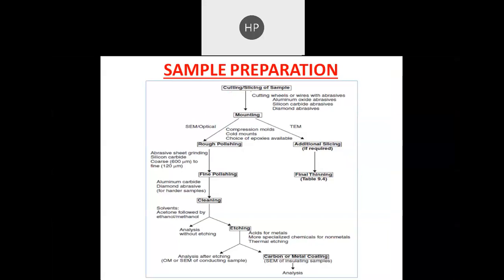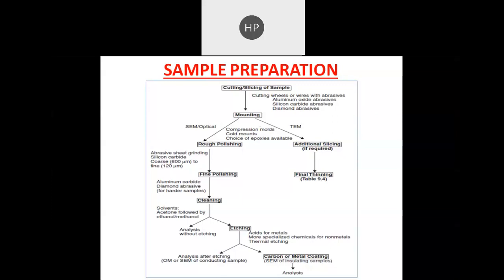Then after cutting that sample we have to mount it on a platform, and then we can do the SEM analysis. For that we have to do the rough polishing, fine polishing, then cleaning, then etching, and then we go for the analysis.